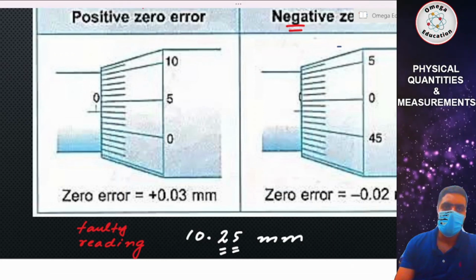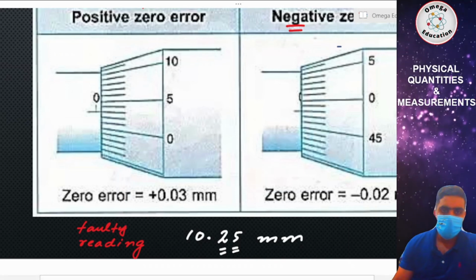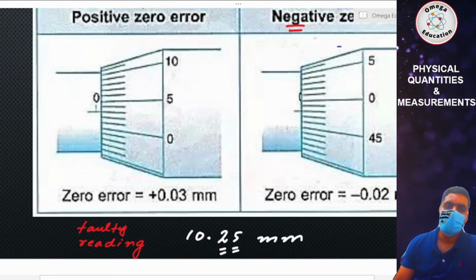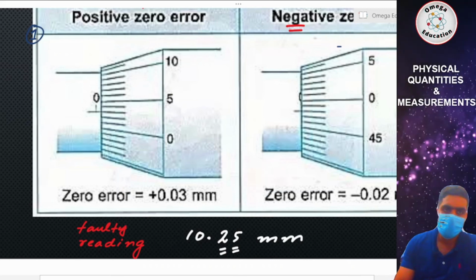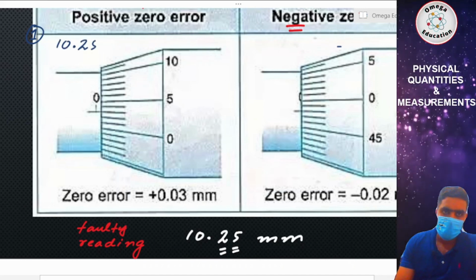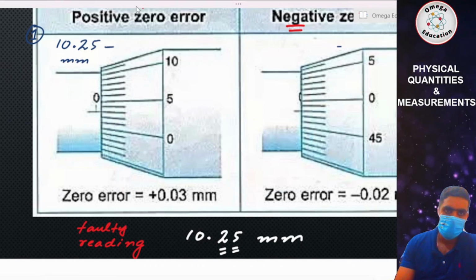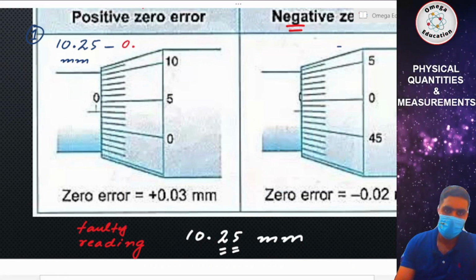All right, so let us try to fix this reading from the zero error. In the first case, we know that the zero error was plus 0.03. So what you have to do is simply write down the faulty reading. This is the reading that is there, including the positive zero error. Then you subtract the zero error that you calculated, and I told you how to calculate that.